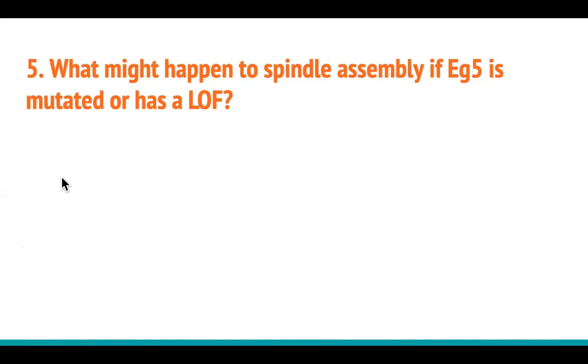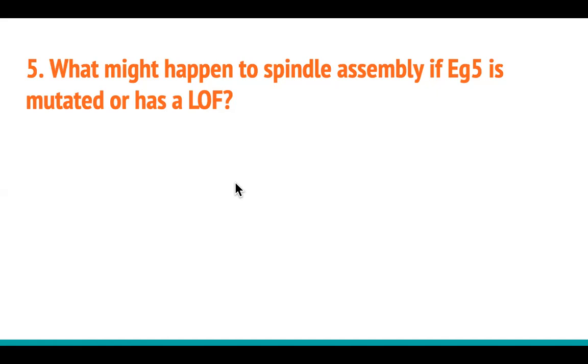Awesome. So a couple more questions for me and then Lily will take over. What might happen to spindle assembly if egg5 is mutated or has a loss of function? I know that egg5 helps pull apart the microtubules, or space them out.